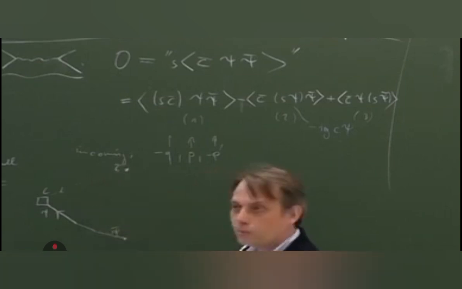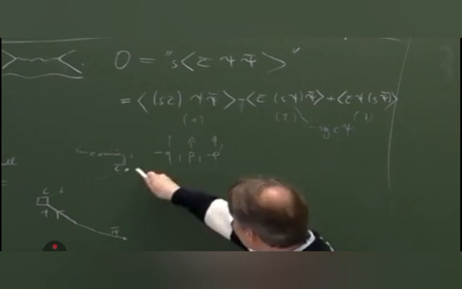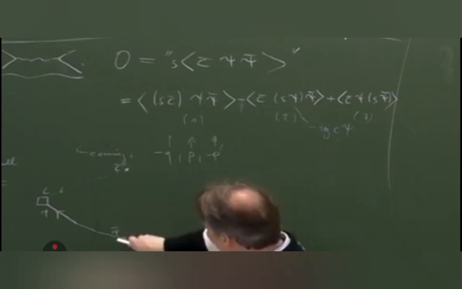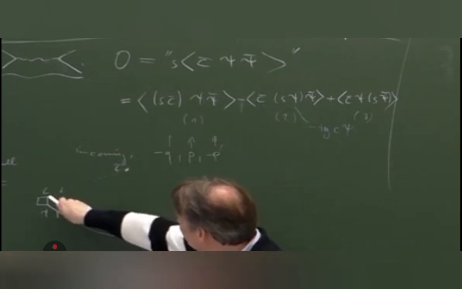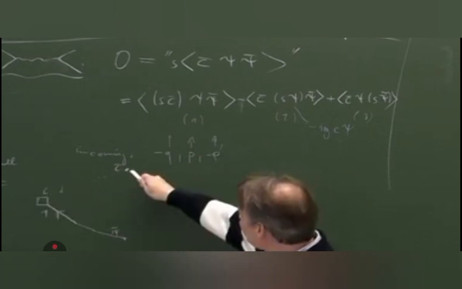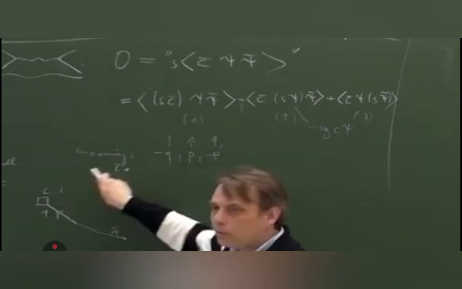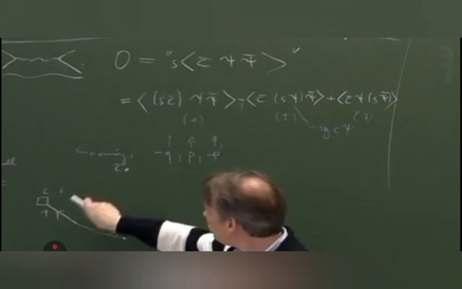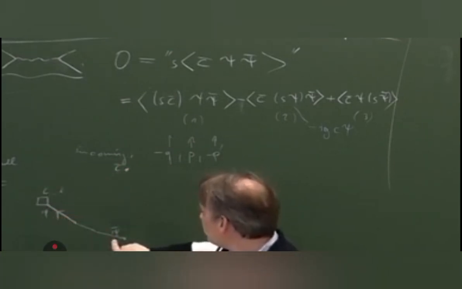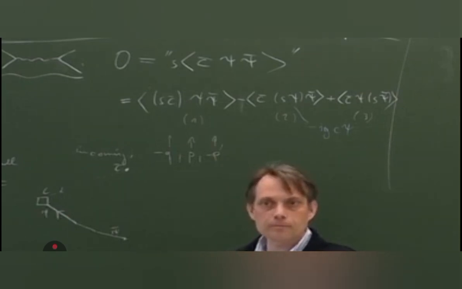For example, like this. Now we have a Feynman diagram with an external C bar, an external psi bar, and a special vertex where C and psi are connected. And so this would be a Wick contraction between C and C bar, which is the ghost propagator. And here we have a Wick contraction between psi bar and psi, which is the normal Dirac propagator.